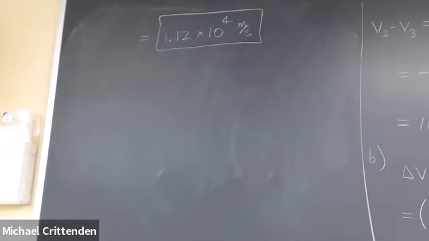So, for example, same situation I had near the end of section 1. Same electric dipole. The question back there was to find the field vector at point P. Now my question is, what's the electric potential at point P?